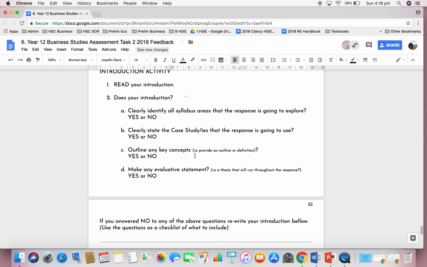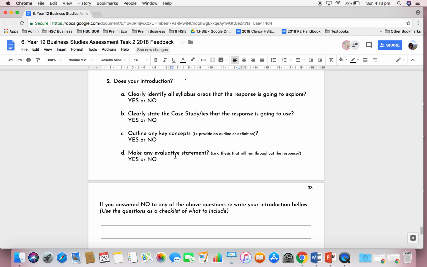Does your introduction outline or draw out any of these key concepts, providing a little bit of bulk? And the last question, has your introduction made any evaluative statement? Has it got this idea of a thesis? Yes, it has been effective in Qantas as a result of. Have you actually evaluated, shown any judgment language in your introduction? Yes or no?